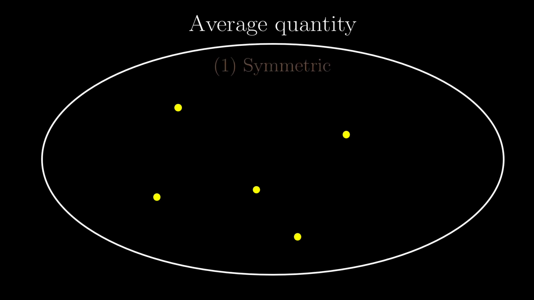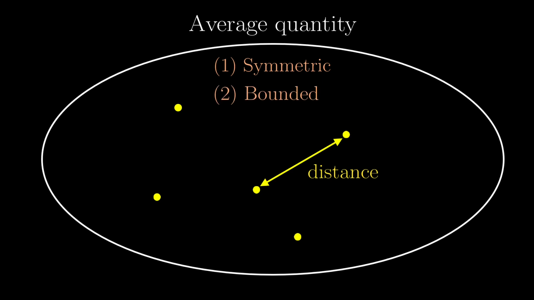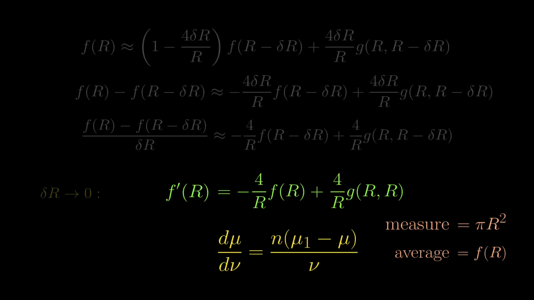It needs to be symmetric, so if I swap any pair of points, the quantity is still unchanged. Distance, for example, would be symmetric, because swapping 2 points doesn't change the distance between them. The second restriction is that the quantity is bounded. As long as the quantity we take the average of fulfills these two criteria, this differential equation would hold.